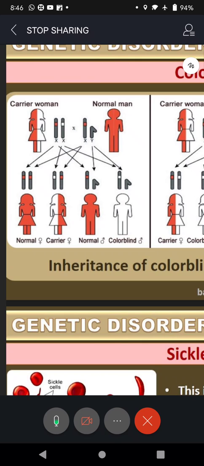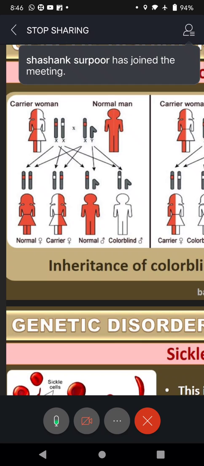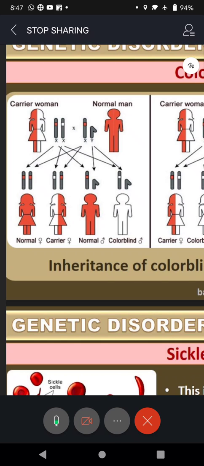And what would be the possibility of their children becoming normal or carrier or colorblind? You see, there are three versions. One is the normal child, lucky baby. Second is the carrier, half lucky. And the third one, bad luck, colorblind.